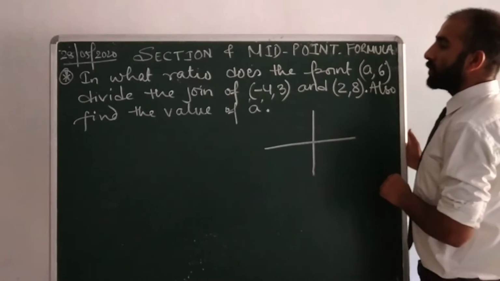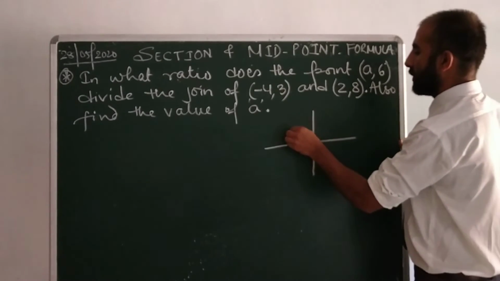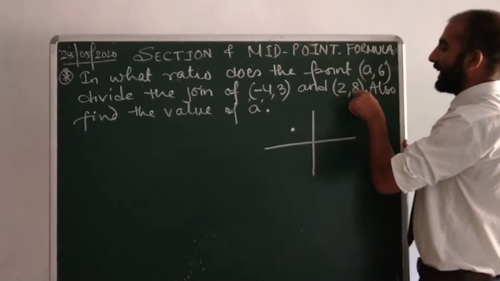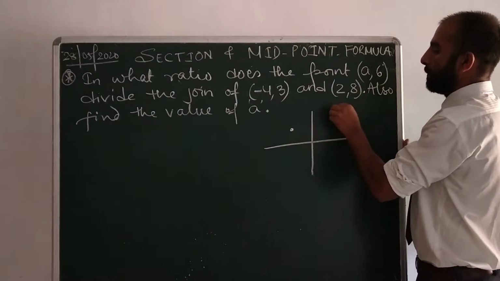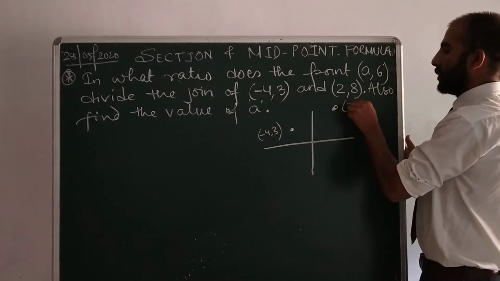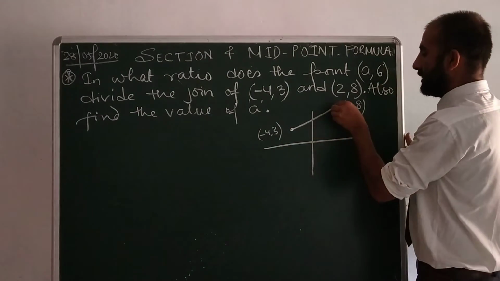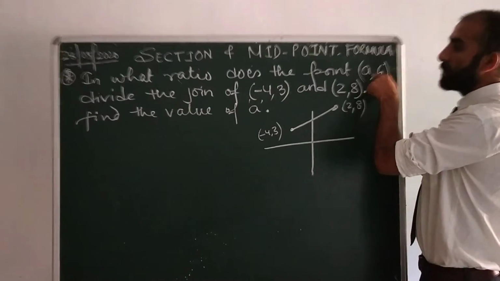Suppose you have got one point, this (minus 4, 3) somewhere here, and (2, 8) somewhere here. So this line segment is divided by this point.